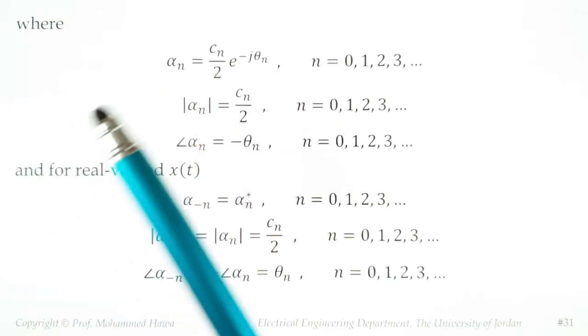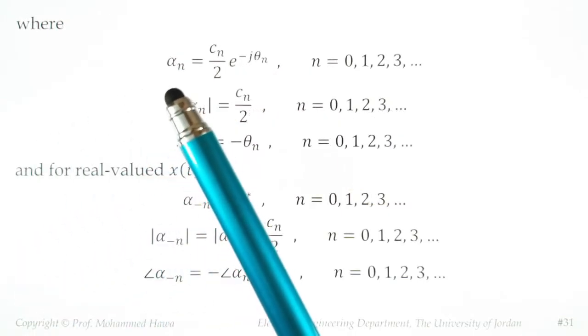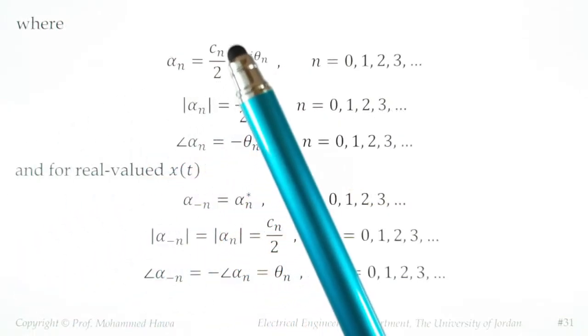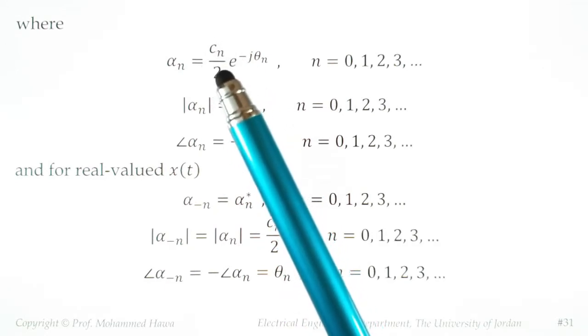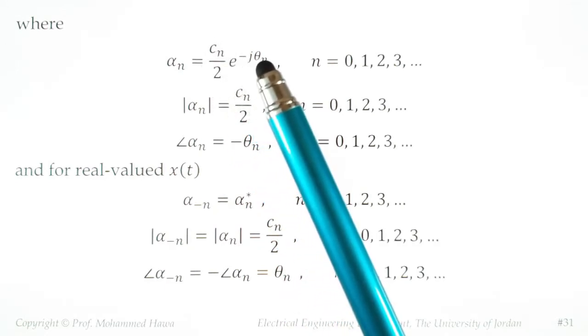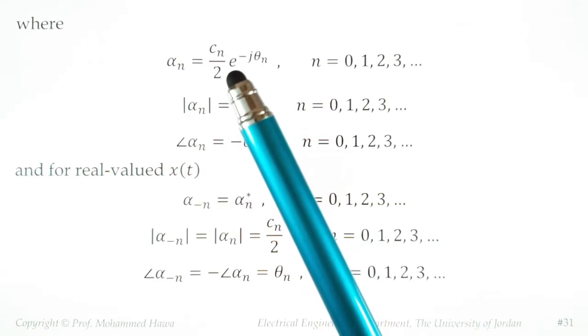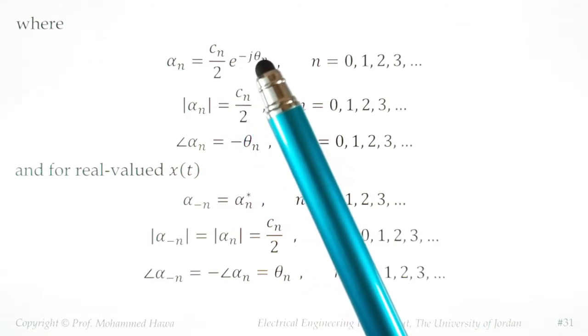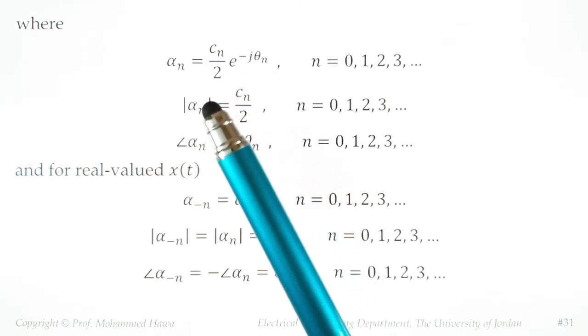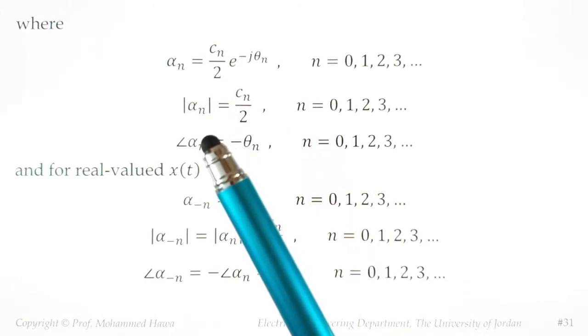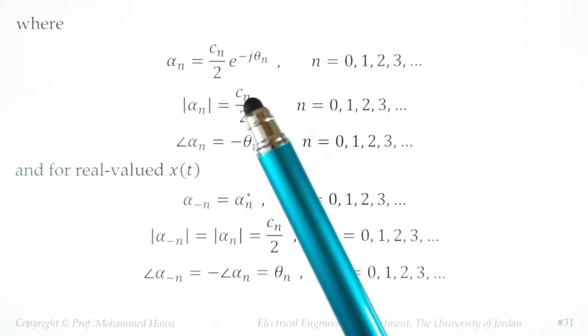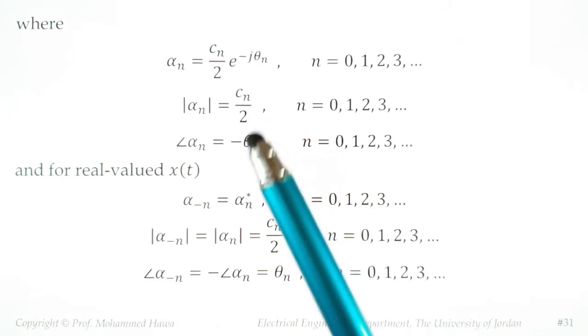So you can see here from our derivation that alpha n is a complex number which has a magnitude of Cn over 2 and a phase shift of minus theta n. That's why it's multiplied by e to minus j theta n. A lot of times we write the amplitude and the phase separately to make things easier for us. So the amplitude is Cn over 2 and the phase shift is minus theta n.